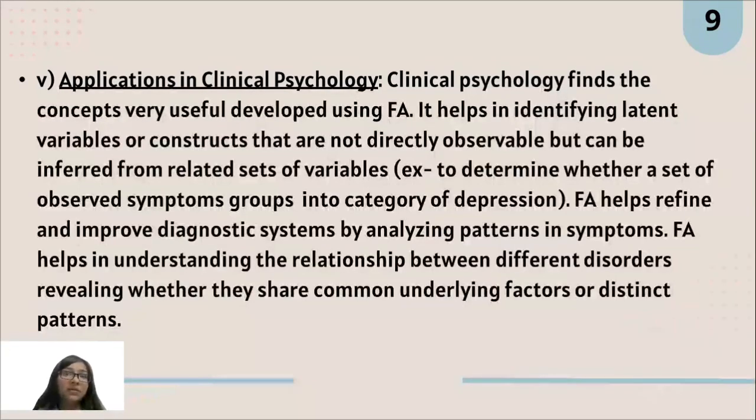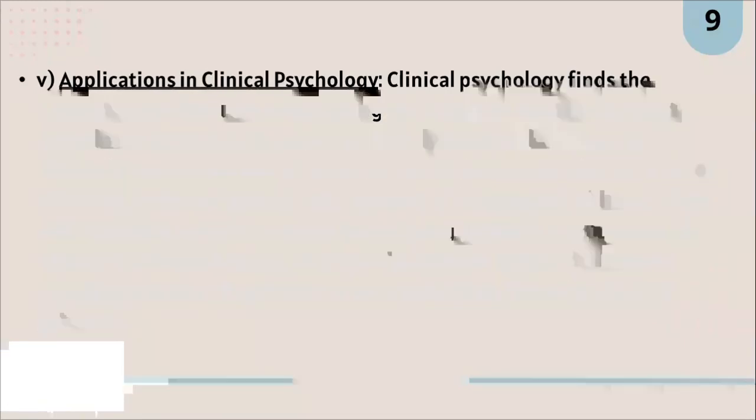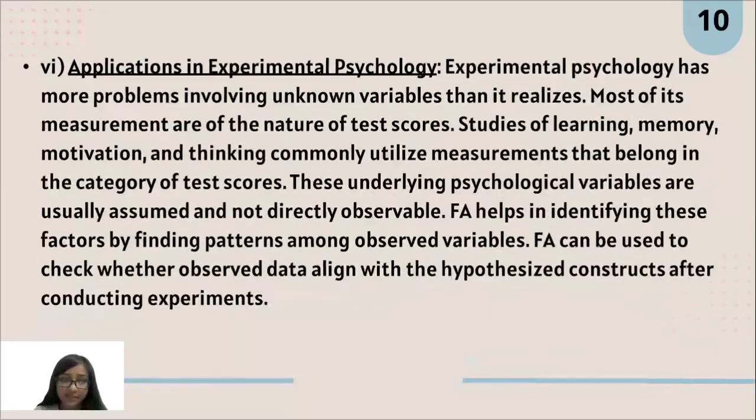And maybe I could see that yes, palpitation or this heart pounding is also there in depression. So these are the patterns which I can understand using factor analysis. Yes, okay, there's a relationship between anxiety and depressive symptoms. And also it helps in understanding the distinct patterns. For example, in schizophrenia and depression, there are distinct patterns of symptoms. So I can understand that using factor analysis.